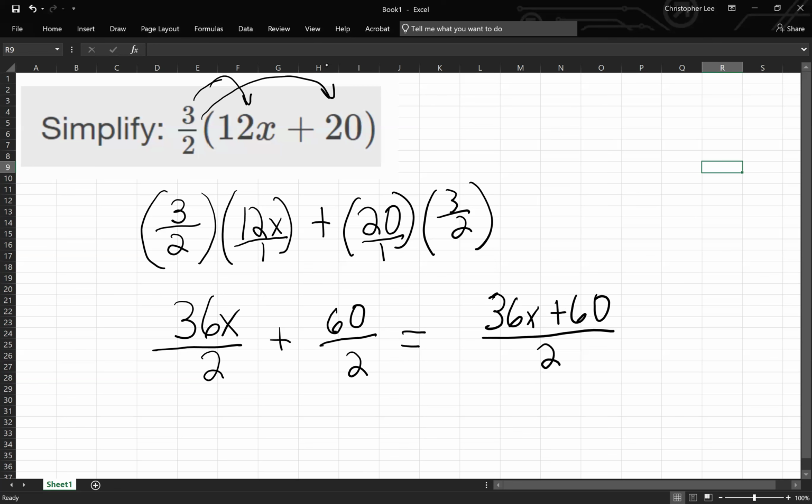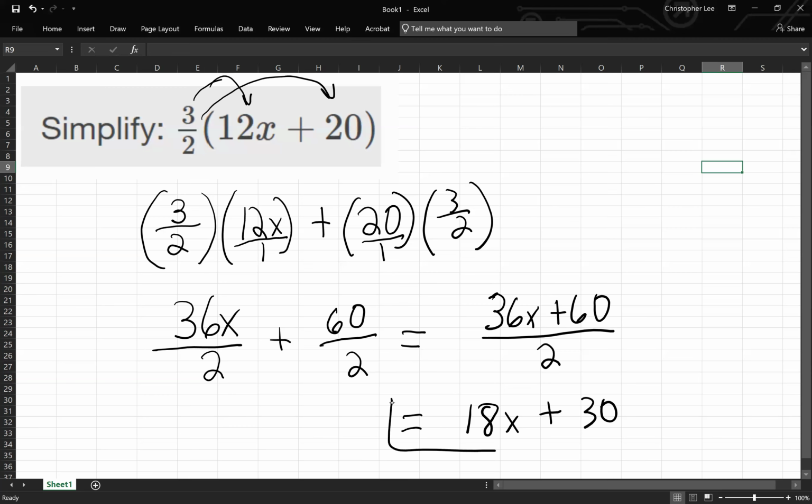But you could reduce this a little bit, right? Because 2 goes into 36 and 2 goes into 60, right? So reduce it. What is it going to become? Well, what's 36 divided by 2? Not 13, 18, right? So 18x plus what's 60 divided by 2? 30, right?